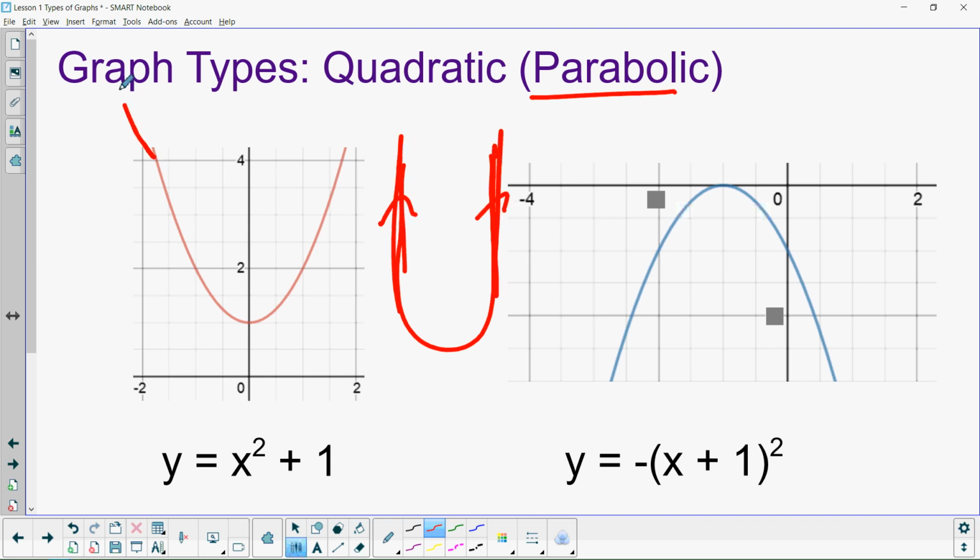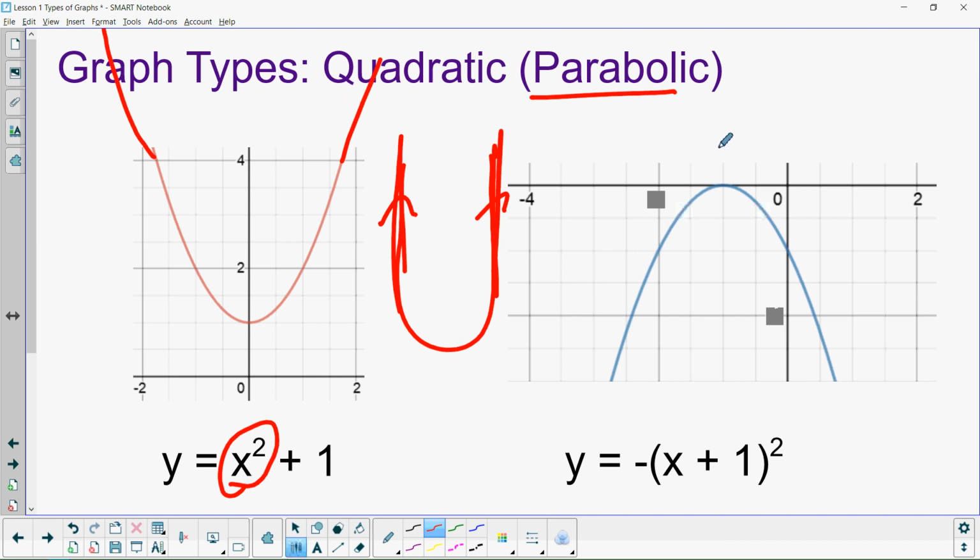Parabolas continue to flare out forever, so they keep getting wider and wider. This one is y equals x squared plus 2, but you should be able to just look at a big U shape and go, oh, that looks like a parabola. If I give you the equation, the way you can tell this thing will look like a parabola is because the biggest exponent on any of the x's is a 2.